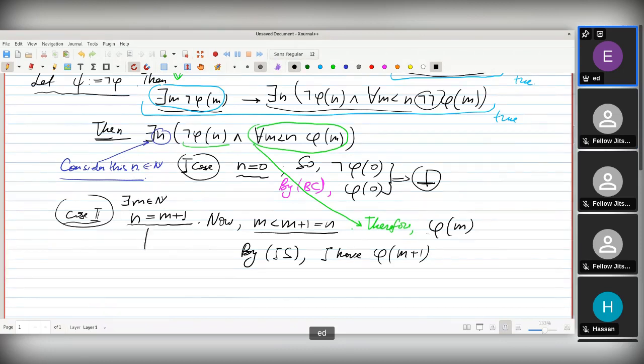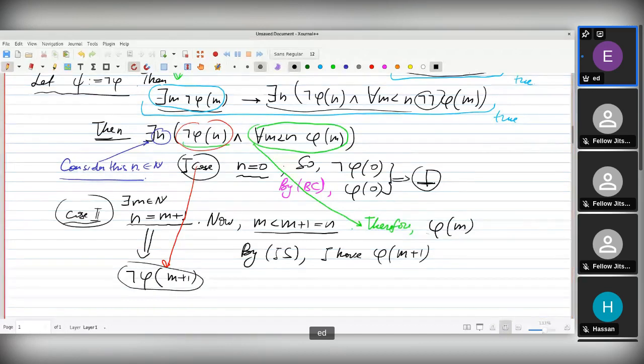Ha! But n equals m plus 1. And I know that phi fails for n. So I have that phi fails for m plus 1. Phi fails for m plus 1, but phi holds for m plus 1.